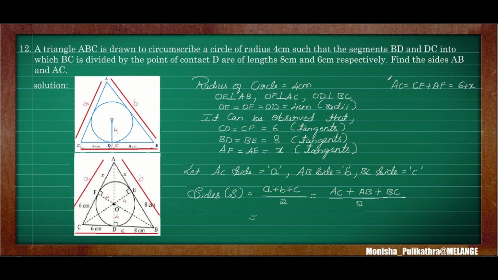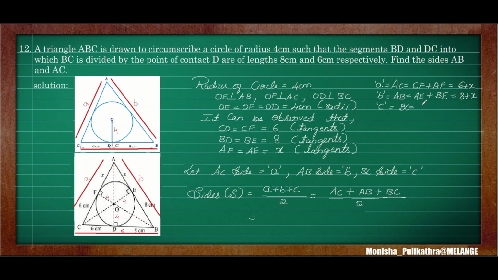Which AC is equal to small letter a. Next is AB, which is given by small letter b. AB is given by AE plus BE, so that is 8 plus x, or x plus 8. Next, the c part, that is BC.